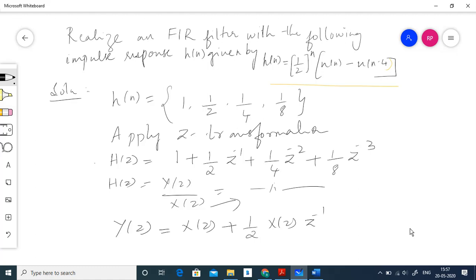So I multiplied x of z with the second term, plus 1 by 4 x of z into z power minus 2, that is the third term, plus 1 by 8 x of z into z power minus 3. That is the last term.